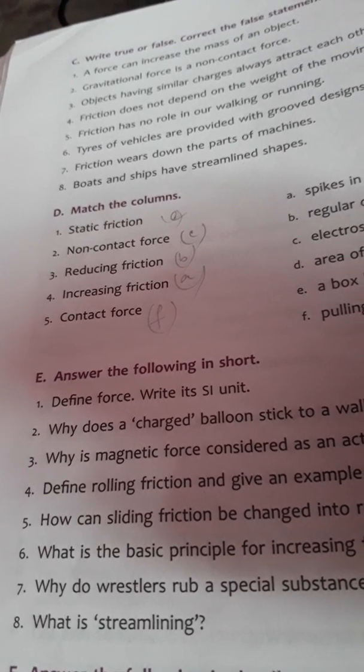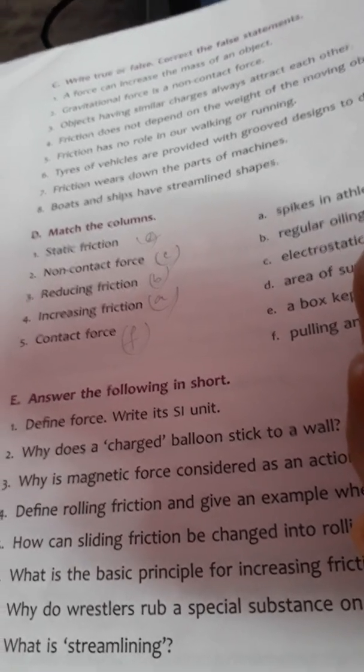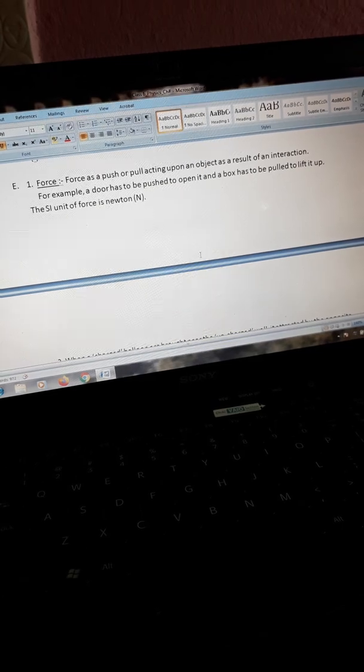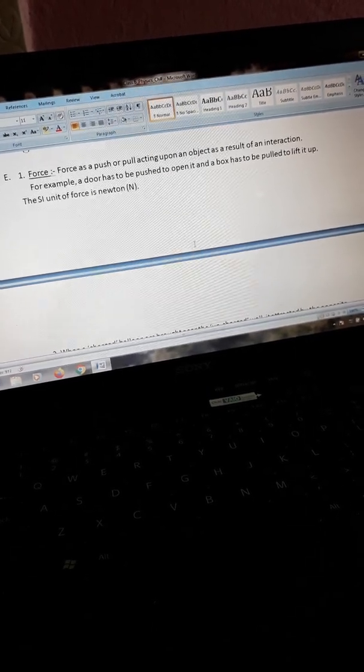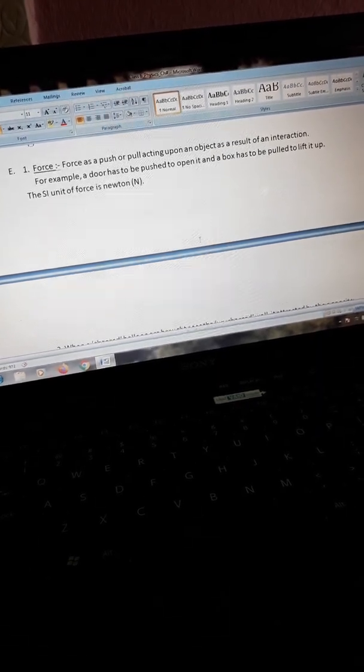The first question is: define force. Write its SI unit. So what is force? Force is a push or pull acting upon an object as a result of an interaction. And as I told you before, when you write down any definition, if it is not mentioned in your question, give an example.